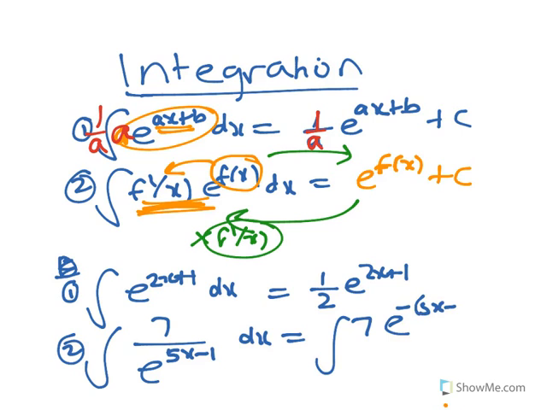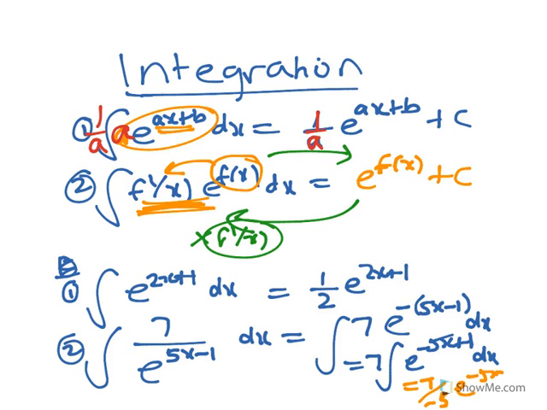So the 7 can come out, and that's e to the minus 5x plus 1 dx. So when you do integrate that, you get 7, you have to divide by minus 5, e to the minus 5x plus 1 plus c.